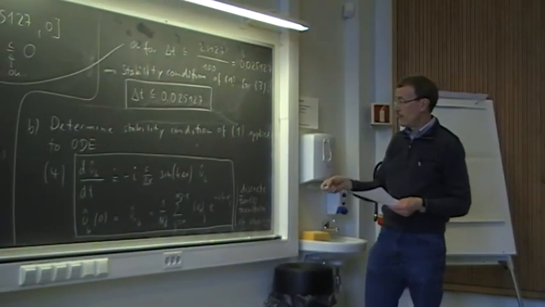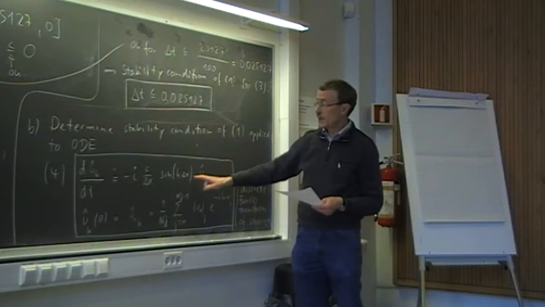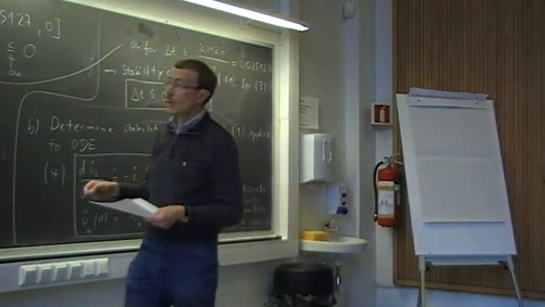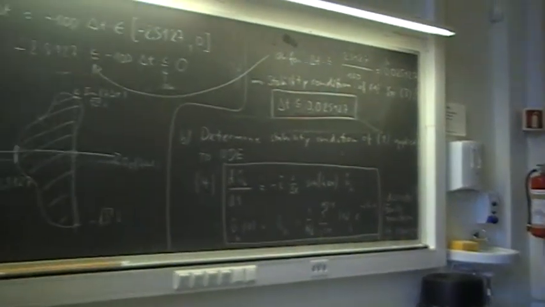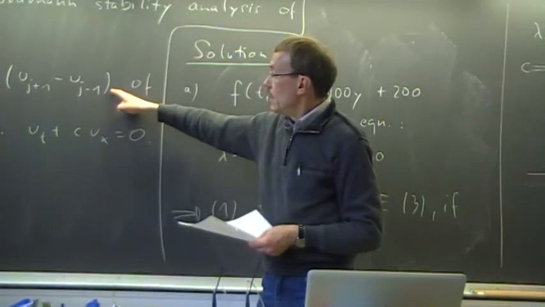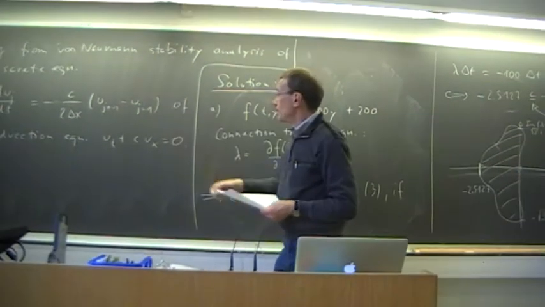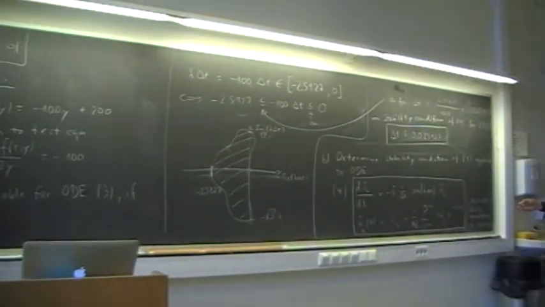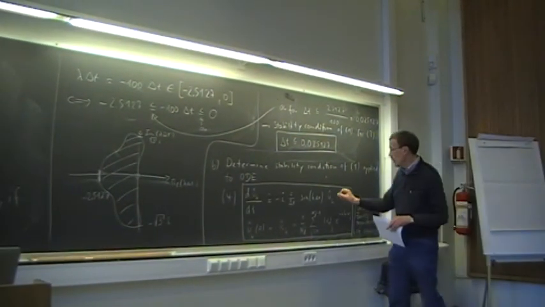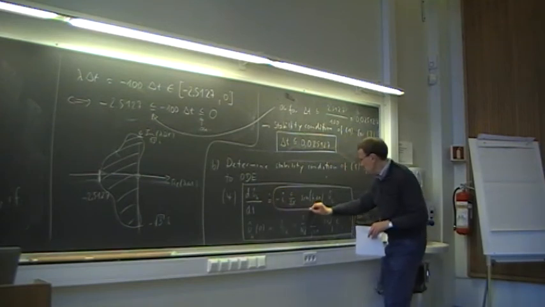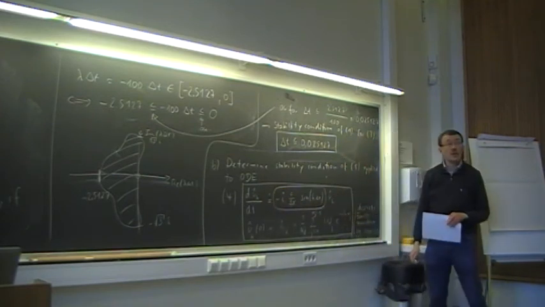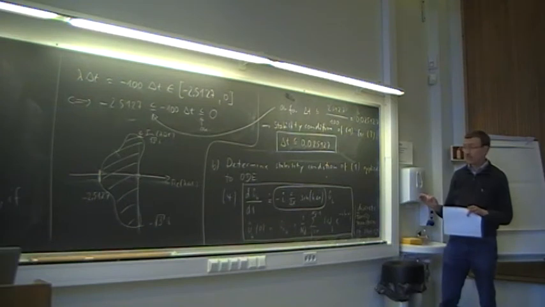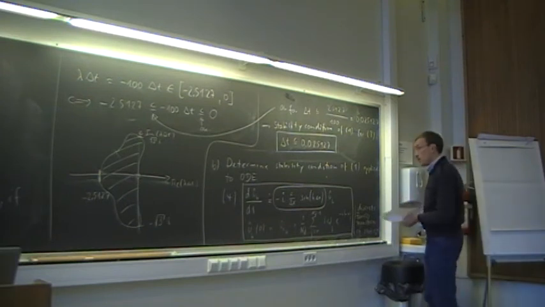And we have come, as I told you before, to this by inserting the Fourier mode into our central space discretization of the linear advection equation. But what we get here is then this equation, this ODE, for the Fourier mode, U hat k. And in there we have a lambda, and the lambda is this here. And that is then purely imaginary. So then we shall use that now.